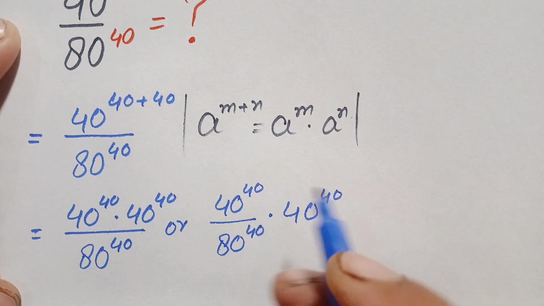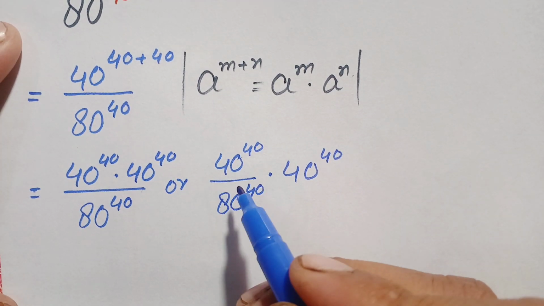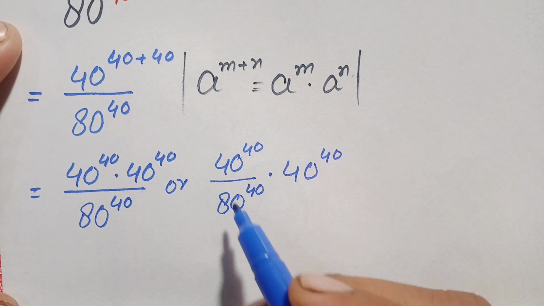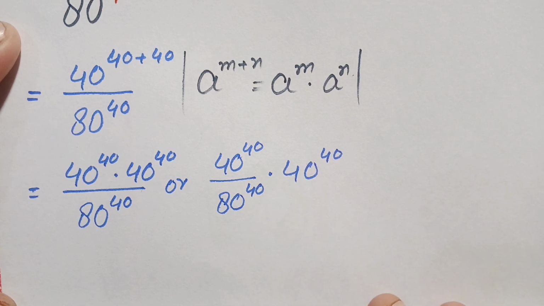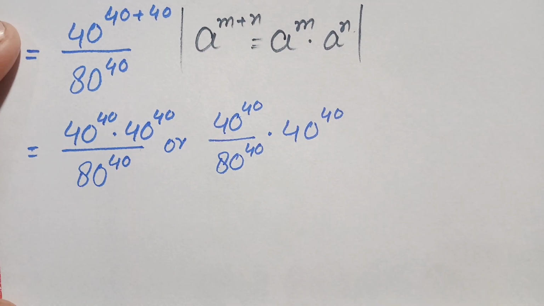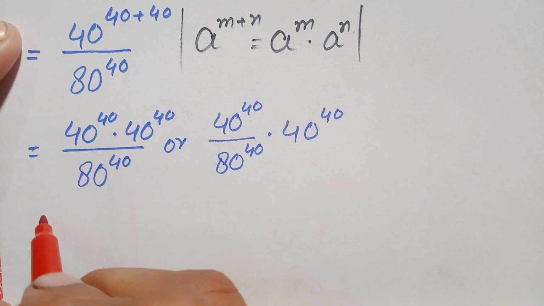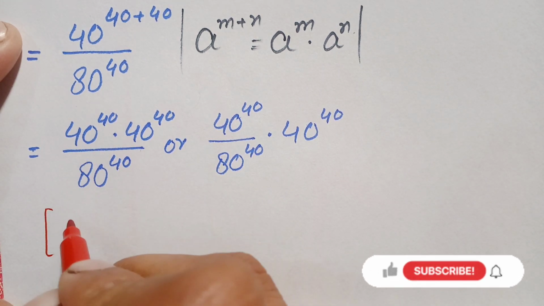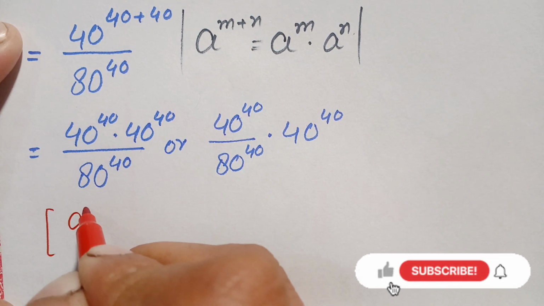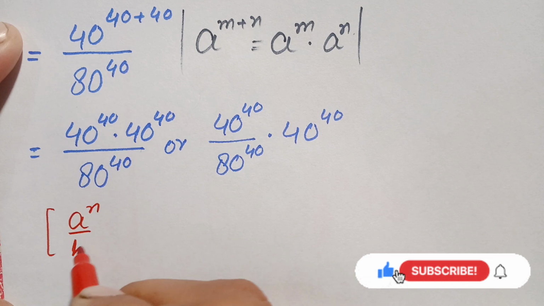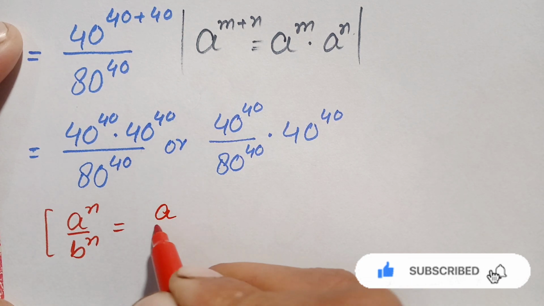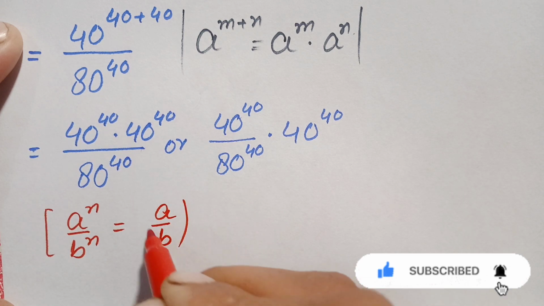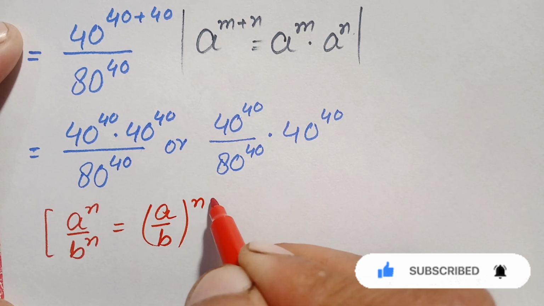Now my dears, look at the number on the left hand side. Here both the numerator and denominator have the same power. So here we will use the same power exponential identity: a raised to power n divided by b raised to power n, which can also be written as a by b whole raised to power n.